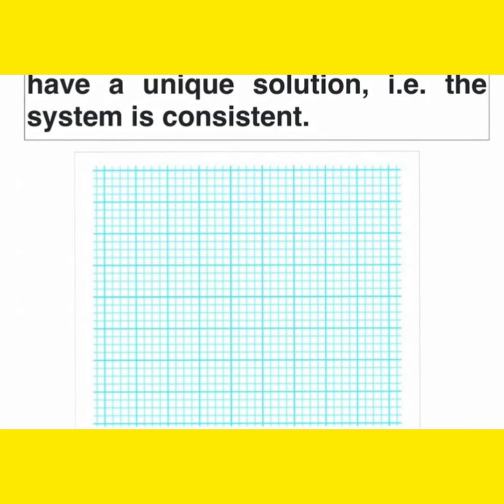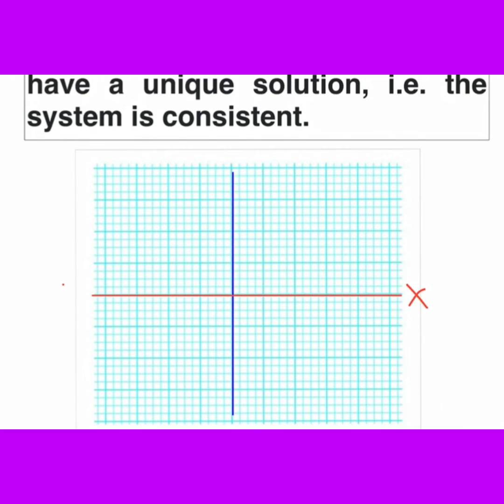So see in this graph, this is the x-axis, x and x dash, and this is y and y dash. In this graph, let one equation be represented by this line, as you see, and the second line is represented as you see.